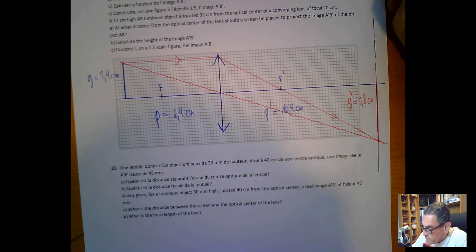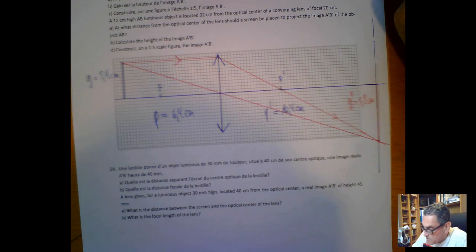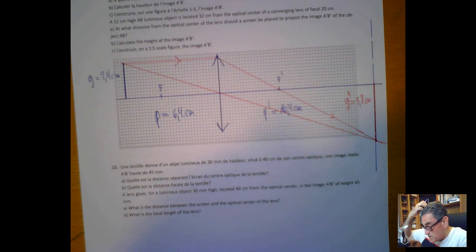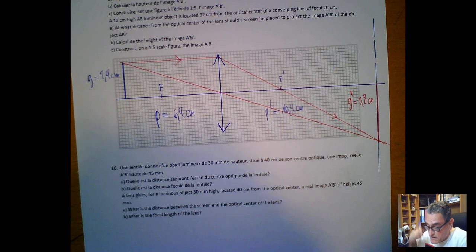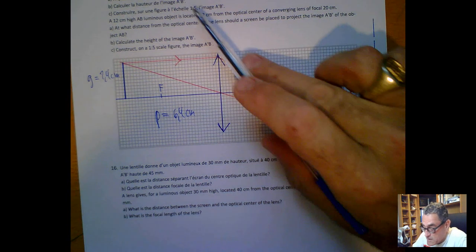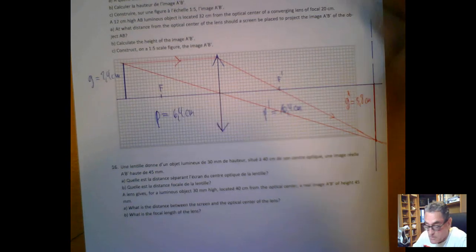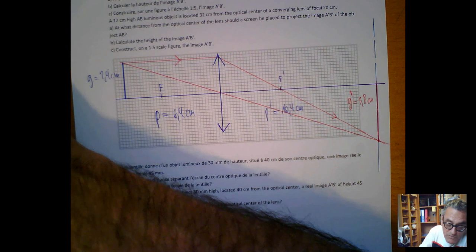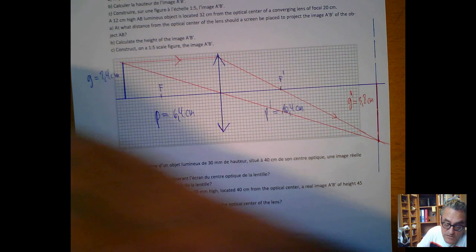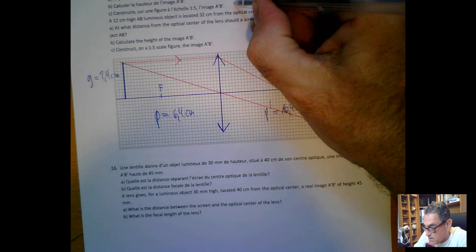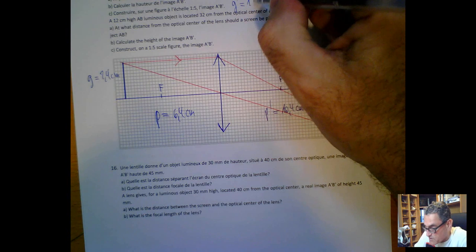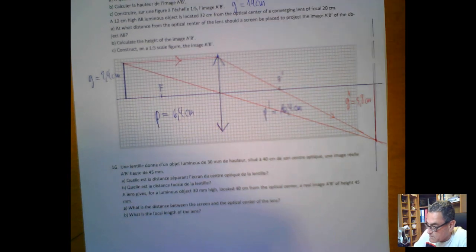This is 52 centimeters. The height of the image is 3.8, but we need to multiply by 5, so 3.8 times 5 is 19, so G prime is equal to 19 centimeters.